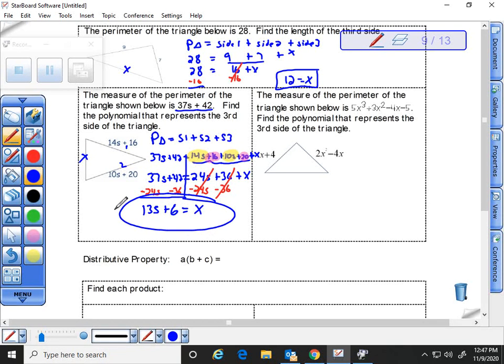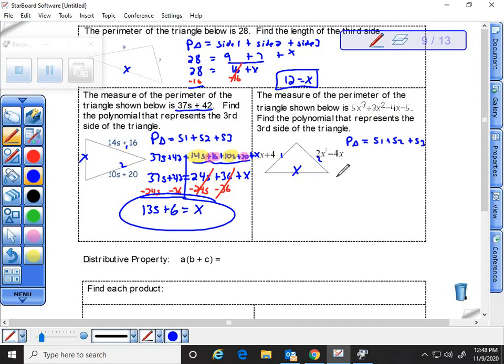Same idea on this next one here. We got the perimeter of a triangle equals side 1 plus side 2 plus side 3. So that's side 1, side 2, and side 3 I'll put as an x.